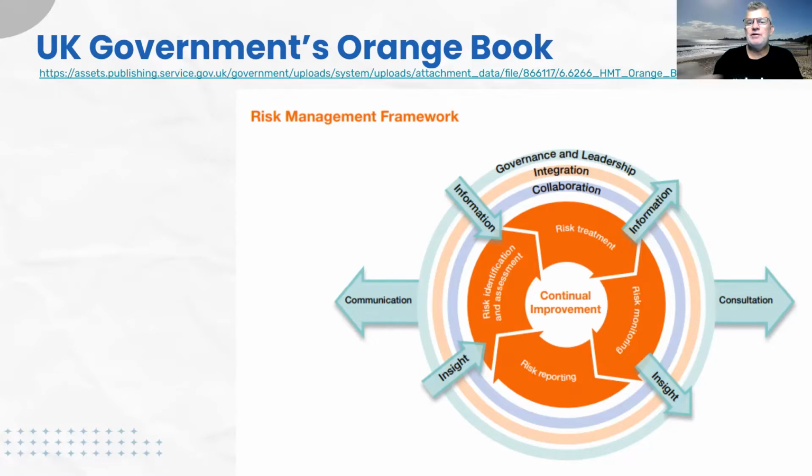So you'll see many diagrams. If you Google risk management framework on Google Images, you'll see many different versions of this, and in some cases by industry, including aviation that I mentioned before. So yes, it's a diagram, but basically you should be doing it as a continuous activity with a process.